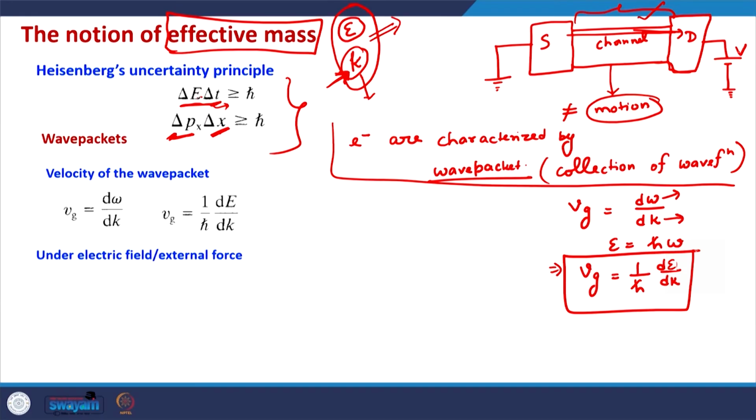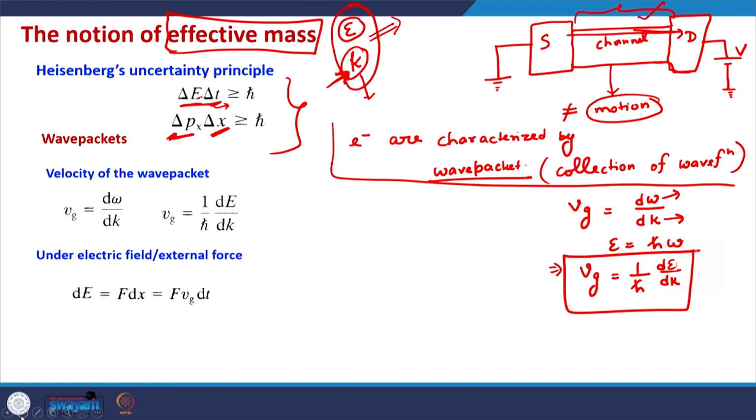And now we will try to see, if we apply a voltage or electric field on the device, which will exert an electric force on the electron, how this wave packet will move. That is what we will try to see here.